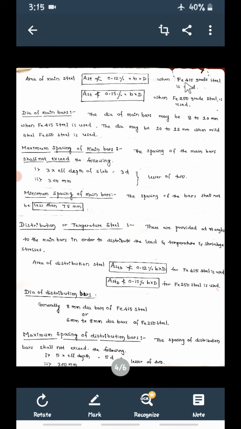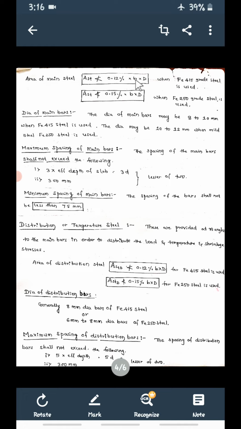If you are going for Fe 415 grade steel, then area of main steel, Ast, should not be less than 0.12% of B into capital D. So minimum should be 0.12% of B into D. What is B now? B is the width of the slab.